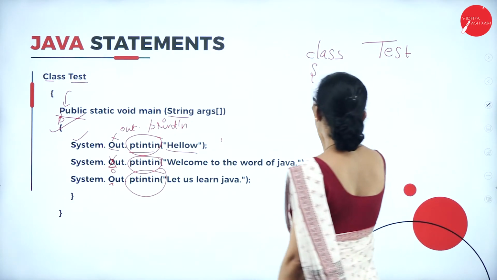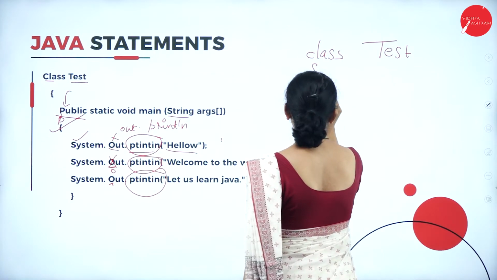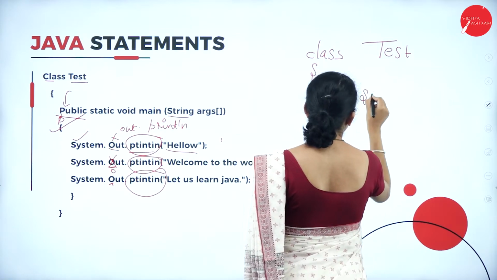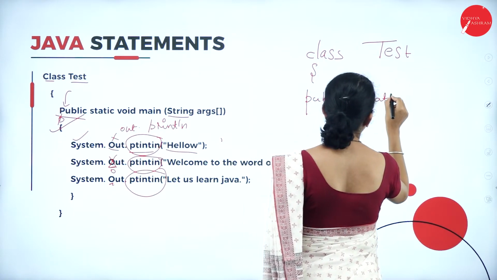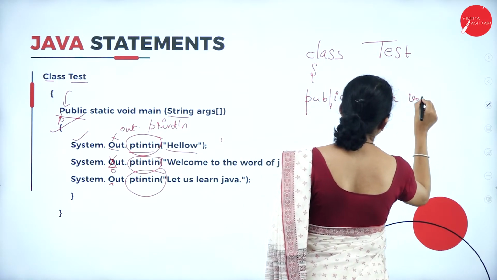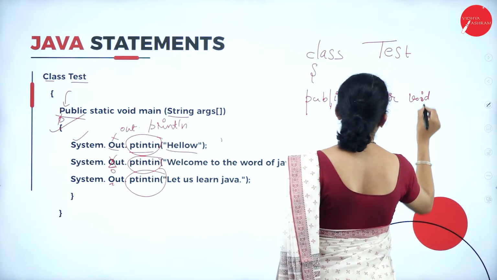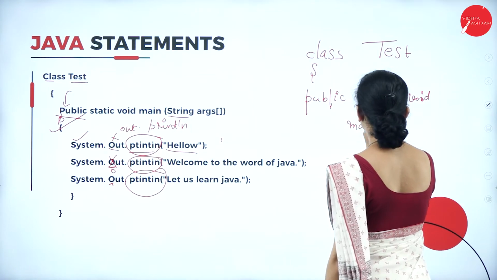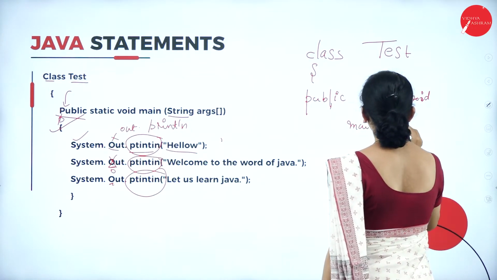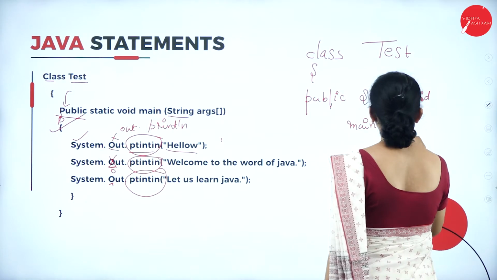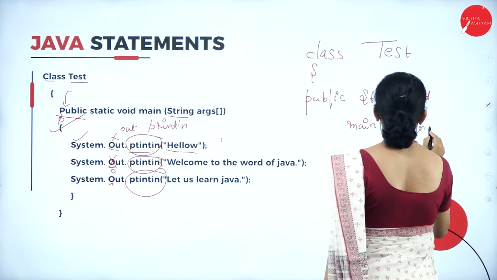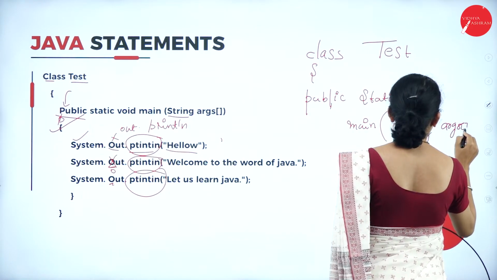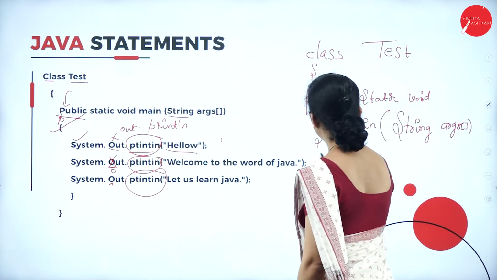Then I want to write public static void main, String, yes, capital letter S, args, open the curly brace.